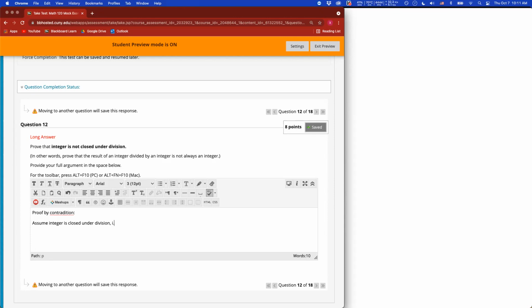This means we will assume integer divided by integer is always an integer. Then what? How do we contradict our assumption?